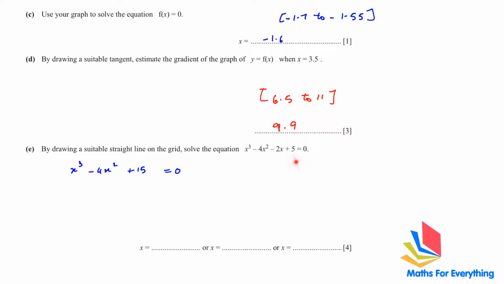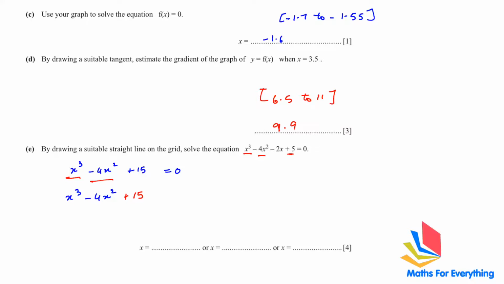This is the new equation. What is similar? X cubed and negative 4x squared. So that's what we'll write down first: x cubed minus 4x squared. And then we have plus 15, which is not the same as plus 5.